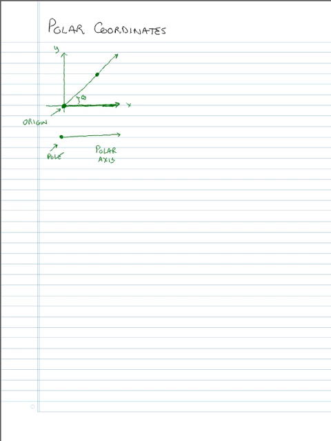The distance from the pole to the point in question, we'll call r. So in polar coordinates, we refer to that point as the point that is r units from the pole or the origin, lowercase r. And the angle that ray makes with the positive x-axis or the polar axis is theta. So that's the way we can identify or locate that position using polar coordinates.